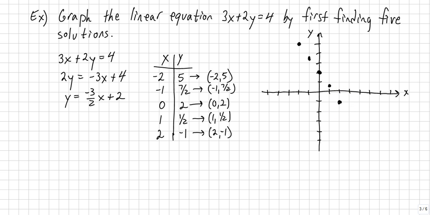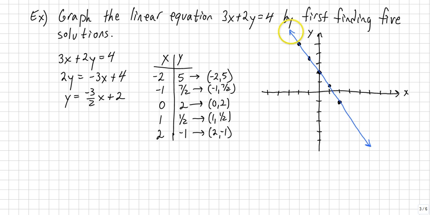And then as you can see, these follow along a straight line. So we'll just continue the pattern by drawing a straight line through those points. Now when you draw the graph of any equation, make sure you draw the graph out to the edges of your xy plane.